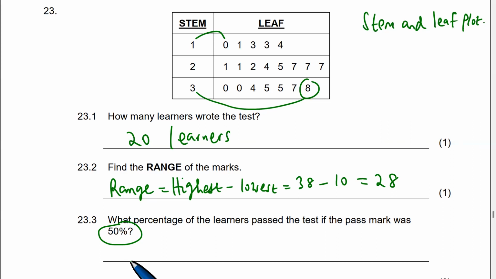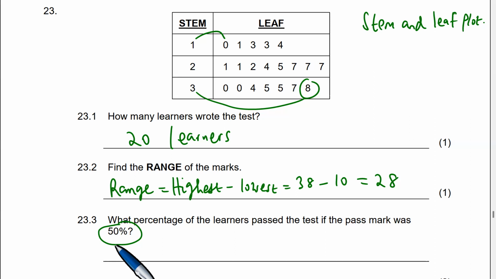Sir, are these numbers the marks out of 40? These are marks out of 50, because the pass mark was 50%. So the test was out of 50. We're asking the question, how many learners passed? It was 20 learners.